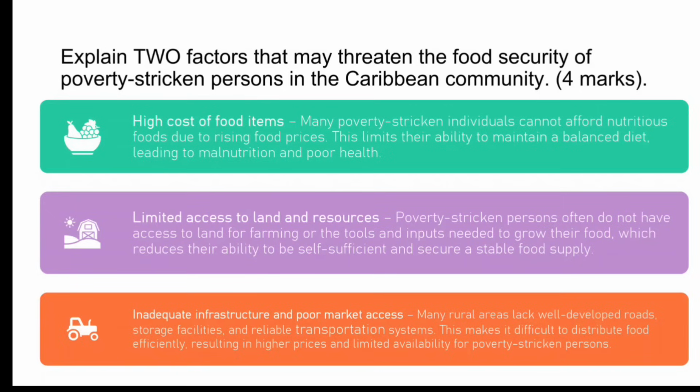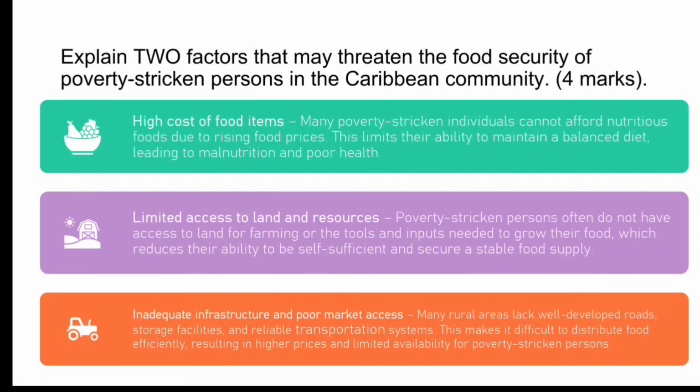Another thing too, limited access to land and resources. Now, poverty-stricken persons often do not have access to land for farming or the tools and inputs needed to grow their food, which reduces their ability to be self-sufficient and secure a stable food supply. Another factor may include inadequate infrastructure and poor market access.